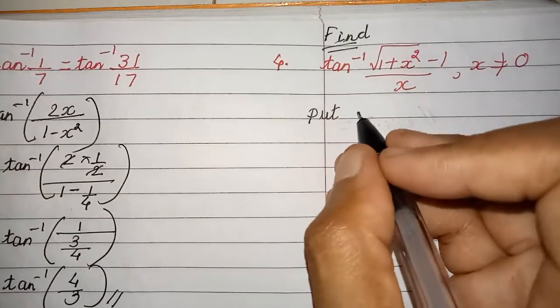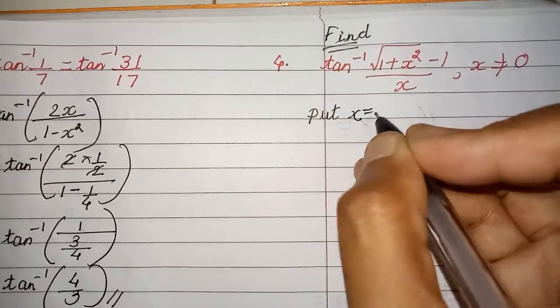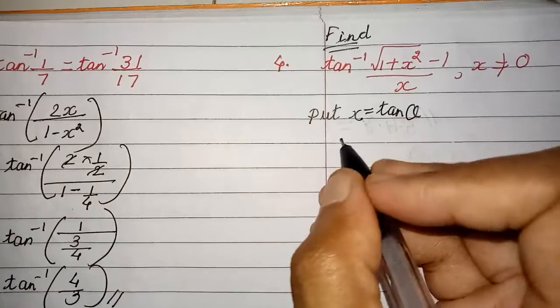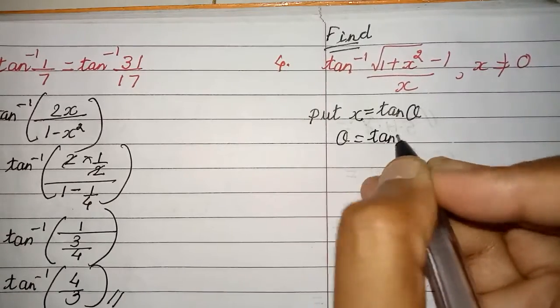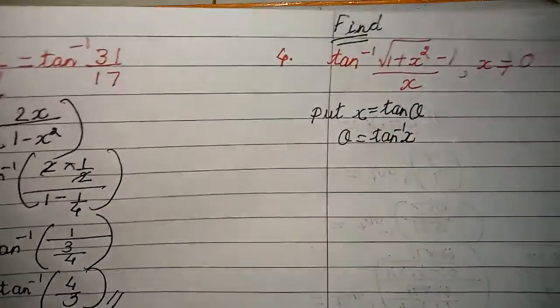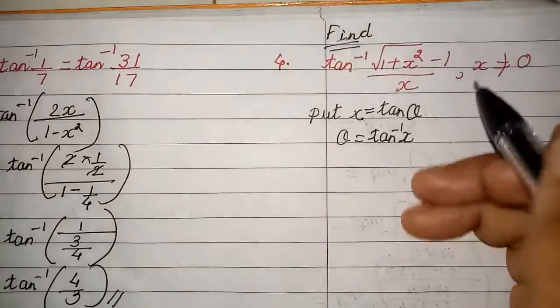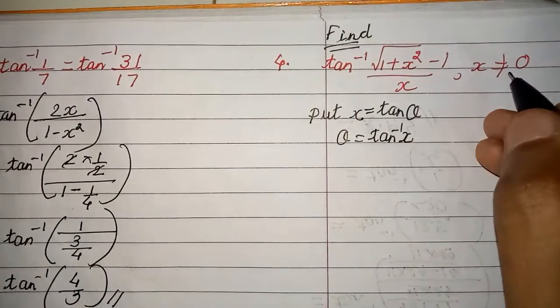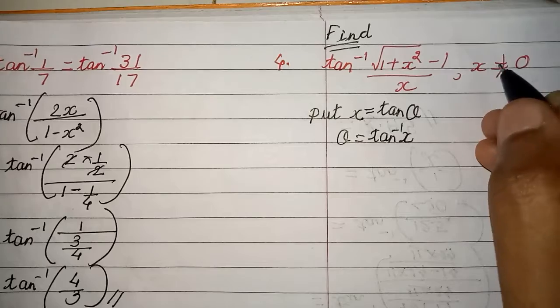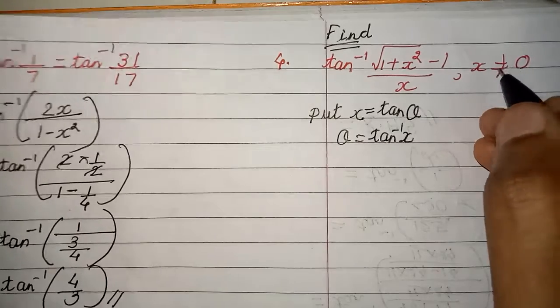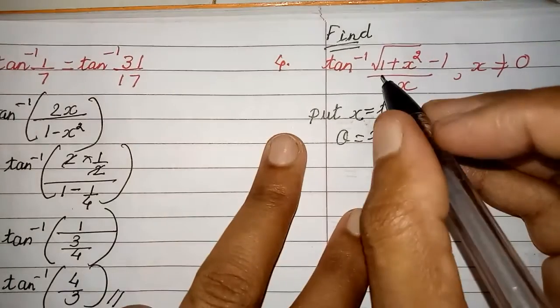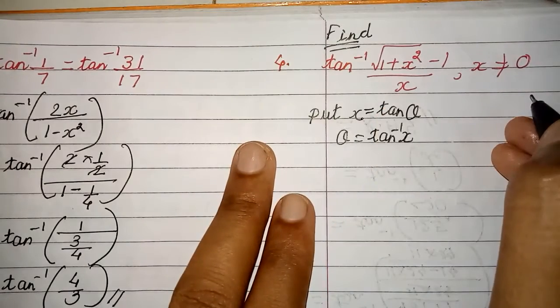Alright, so what I am going to do is, I am going to put x equal to tan theta, substitution method. So theta will be tan inverse of x. Now x is well defined, x is not equal to 0, and you know that children, tan inverse exists when your domain is a real number, but here little more strict it is saying that it's not equal to 0. No problem, anyhow tan inverse will have proper images, right?